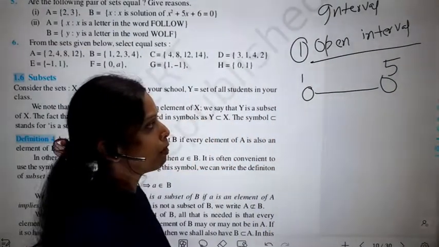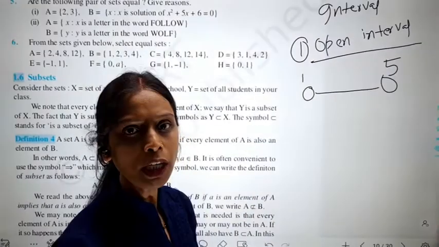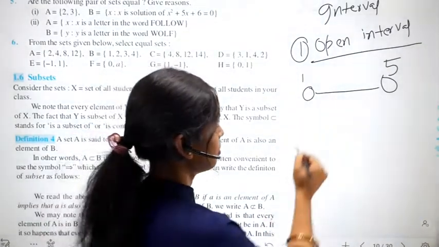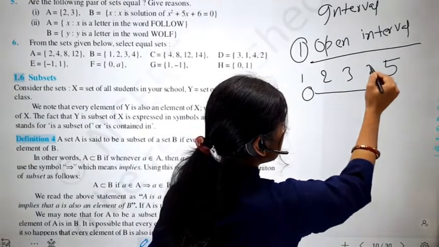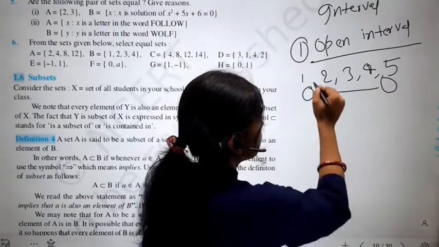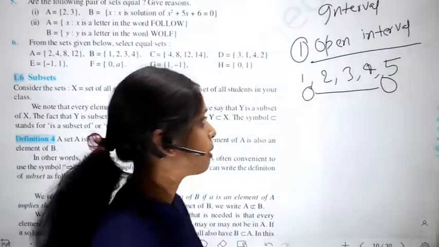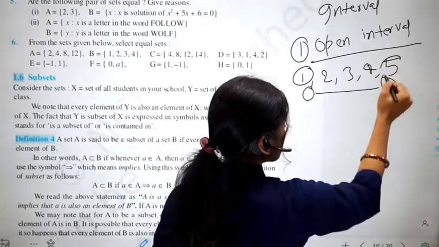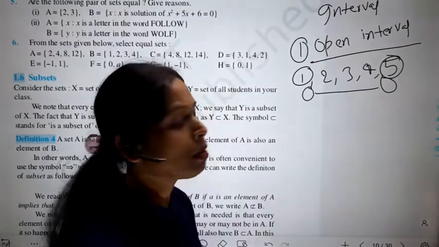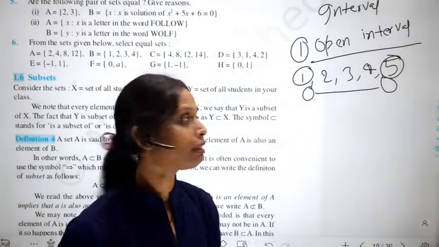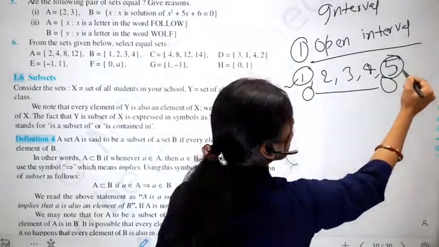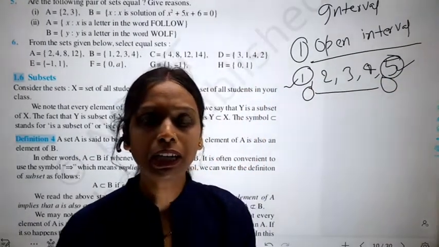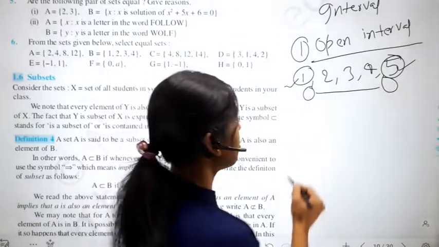Then in between this interval, how many naturals lie? 2, 3, 4. Between this one and this one, how many naturals will lie? 2, 3, 4. When we exclude 1 and 5, then it will be an open interval.